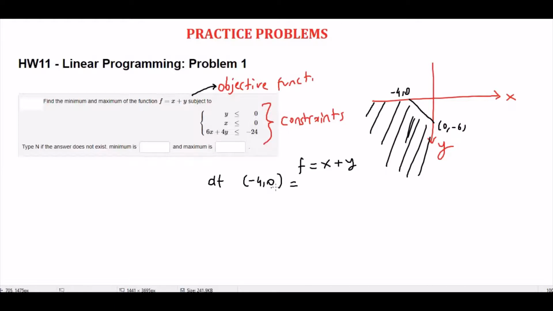So negative 4 plus 0 is negative 4. And at 0, negative 6, our objective function is negative 6 because 0 plus negative 6 is negative 6. So we don't have a minimum because this is unbounded here. And our maximum is here because negative 4 is greater than negative 6. So our maximum is negative 4.